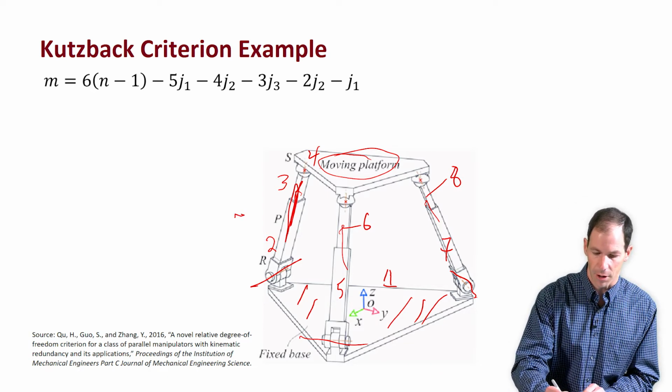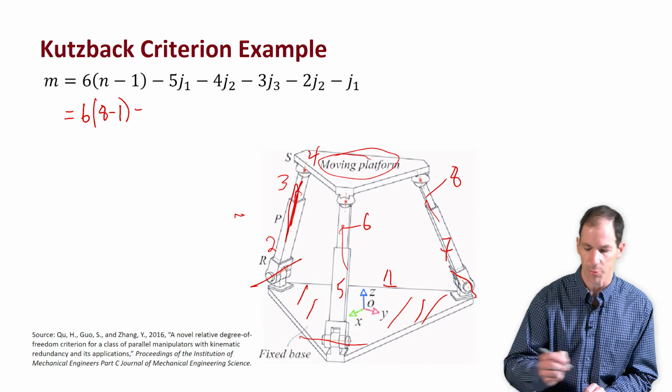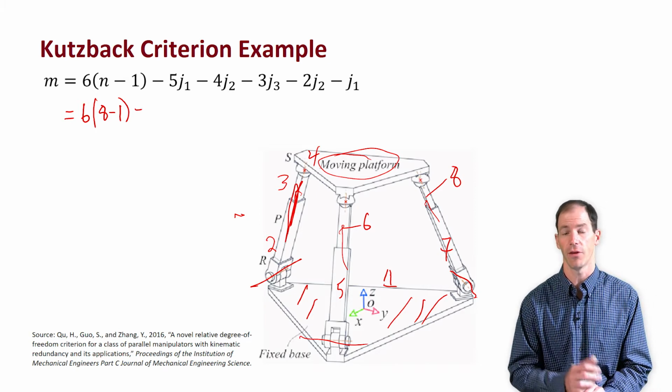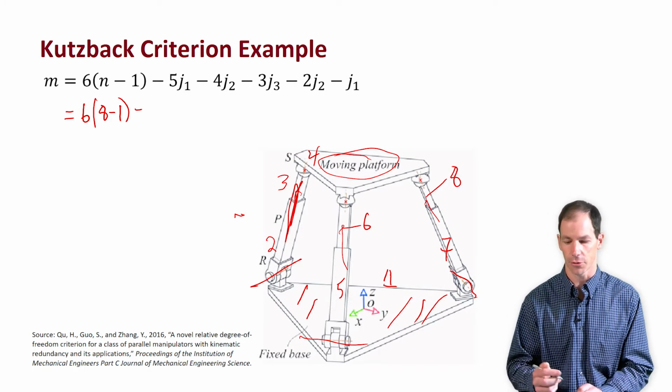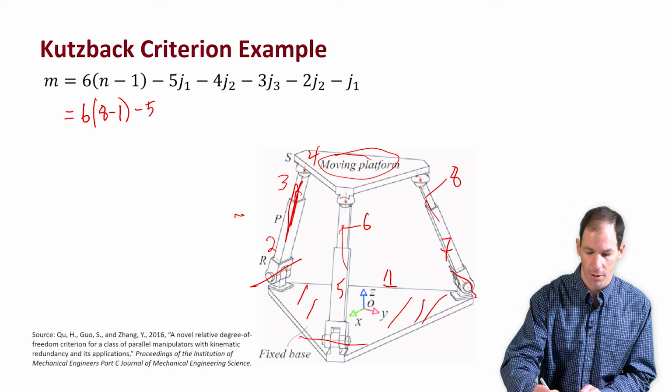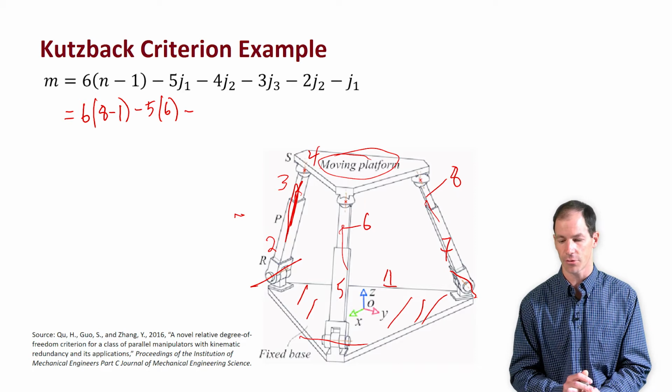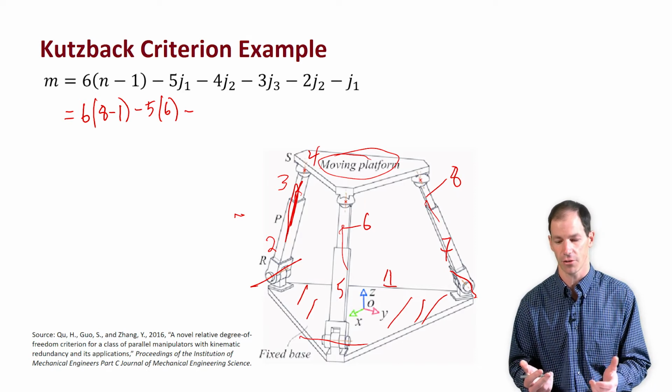So let me just start off my equation. This is 6 times 8 minus 1. And then I'm going to subtract off however many J1 joints I have, and these are the revolutes and the prismatics in this case. So I've got 3 revolutes around the bottom, 3 prismatics above those, so a total of 6. So I get 5 times 6. And then I'm going to subtract off any cylindrical joints, which I don't happen to have any, so I have no J2 joints.